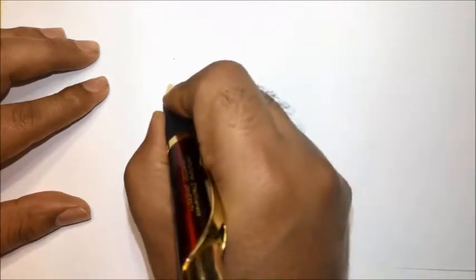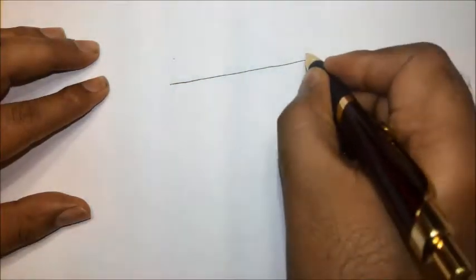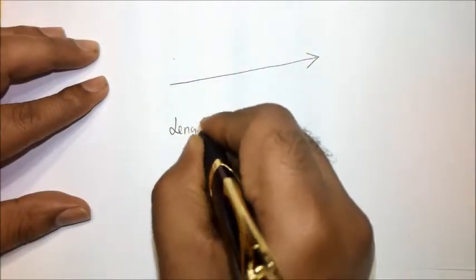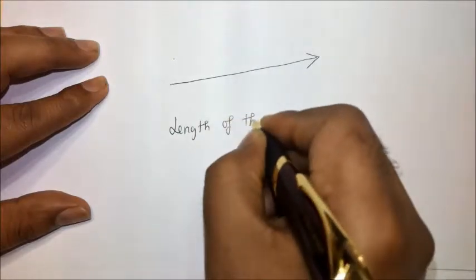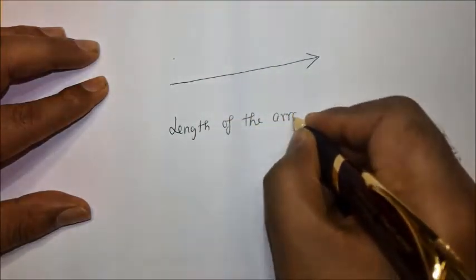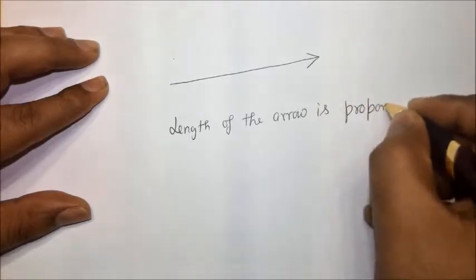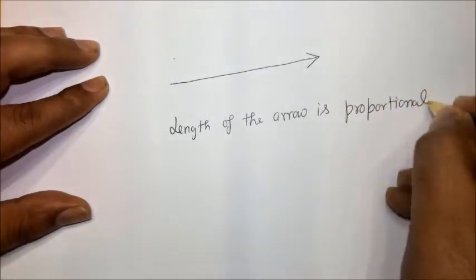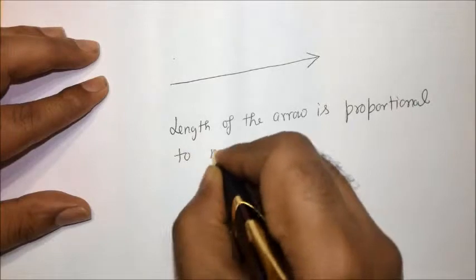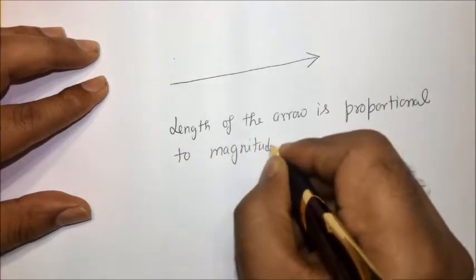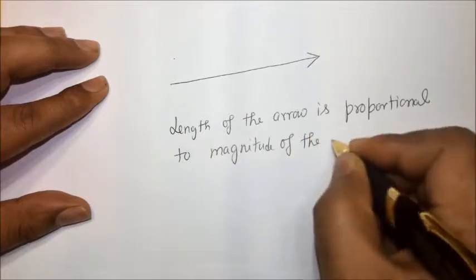The vectors are represented by an arrow. The length of the arrow is proportional to the magnitude of the vector.